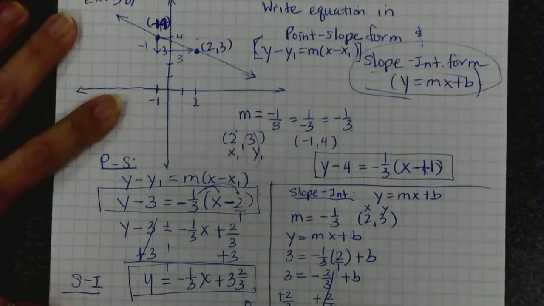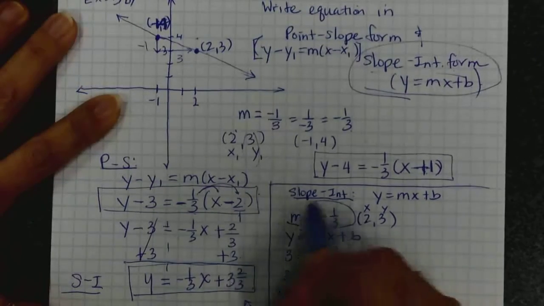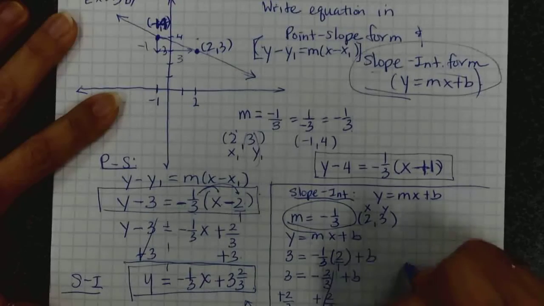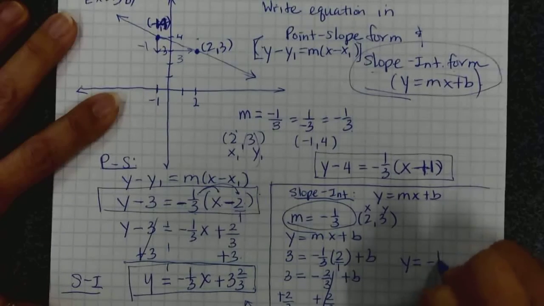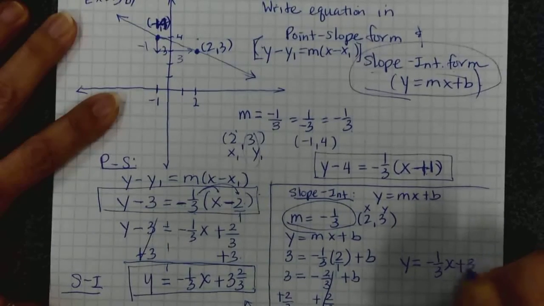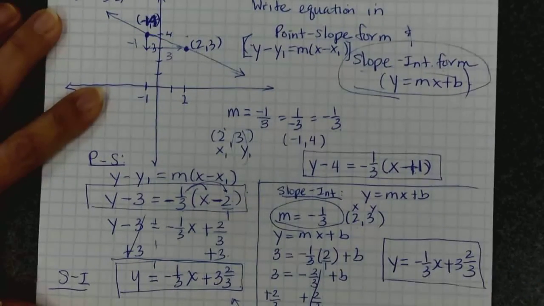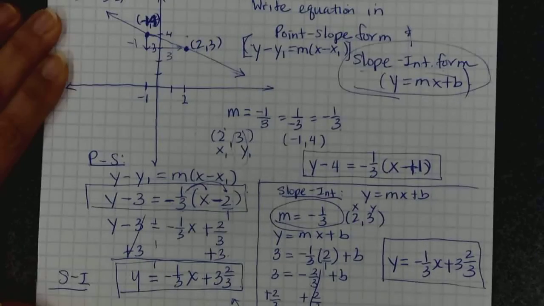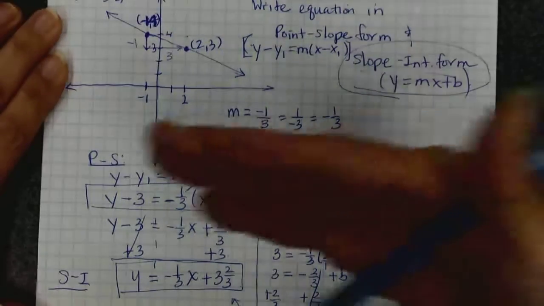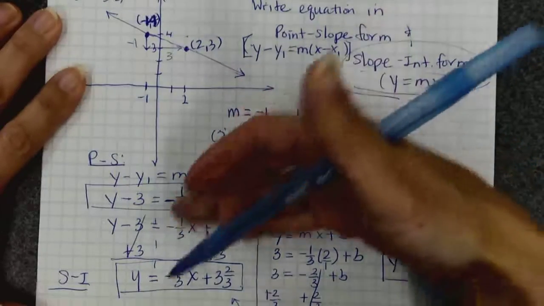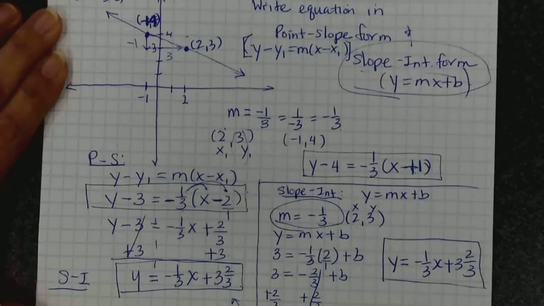They're exactly the same. Once we have our y-intercept and our slope, we write the equation: y equals negative 1 over 3 x plus 3 2/3. And that is writing an equation of a line in slope-intercept form. You may choose whether to do it this way or to write it in point-slope form and transform it to slope-intercept form.